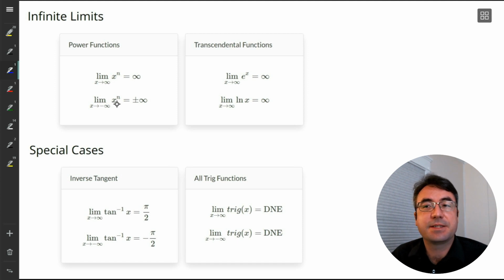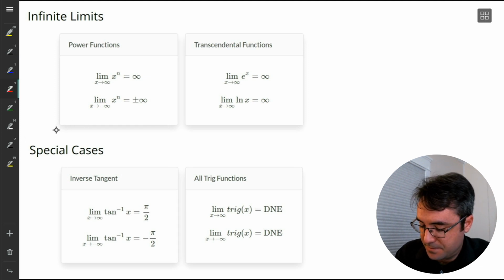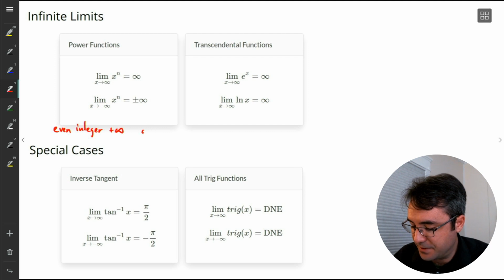The limit of x to the n as x approaches minus infinity could be positive or negative infinity, so it depends on what the exponent is. So if it's an even integer, it's positive infinity. If it's an odd integer, it's minus infinity.